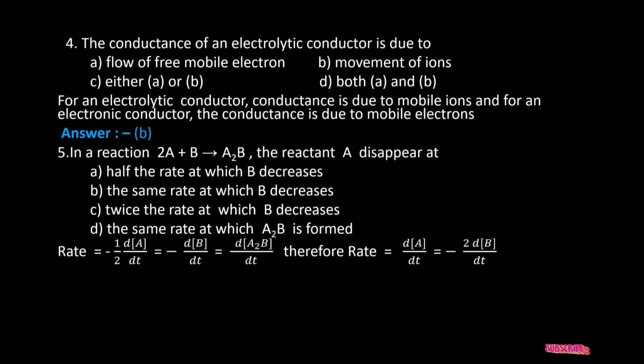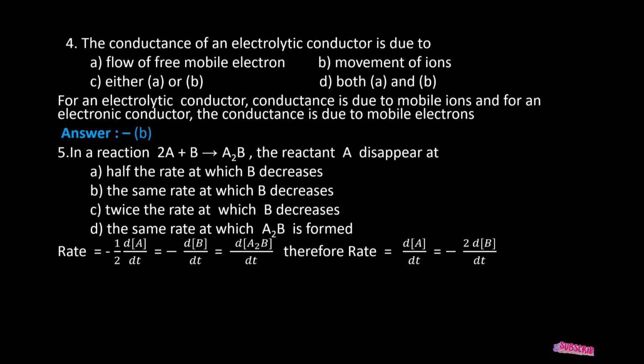Here the 2 in the denominator is taken to the numerator of this expression. So this d[A]/dt gives the rate of disappearance of A. So when this 2 is taken to the numerator, that will give the rate of disappearance of A. Therefore rate will be d[A]/dt equal to minus 2 into d[B]/dt.